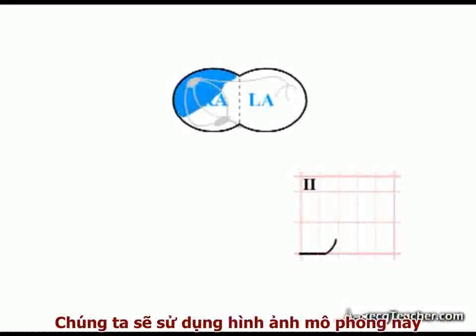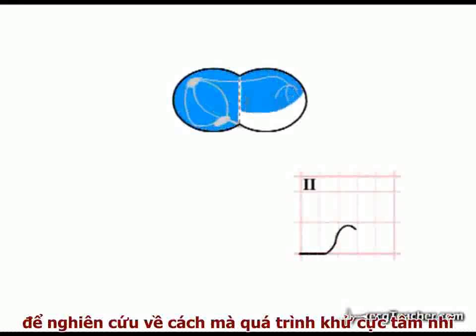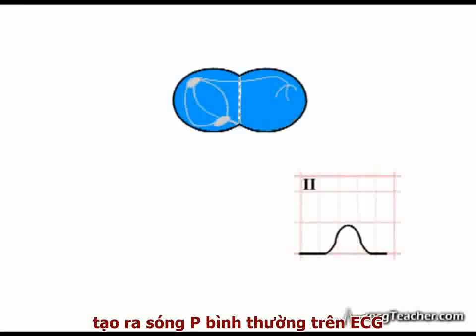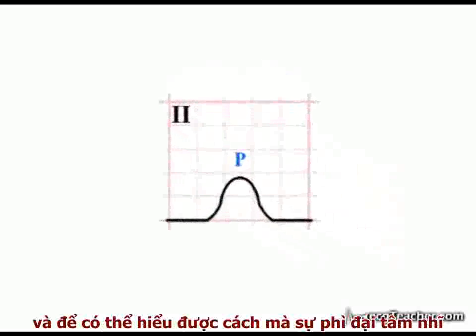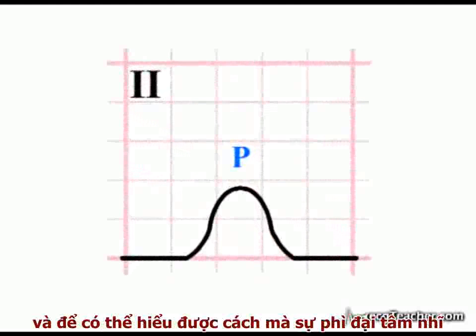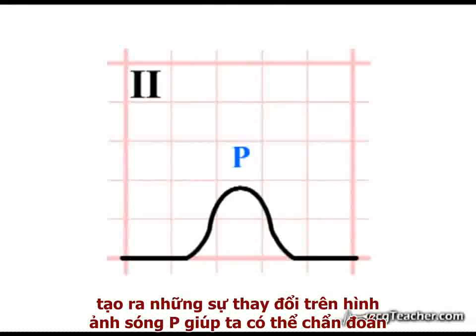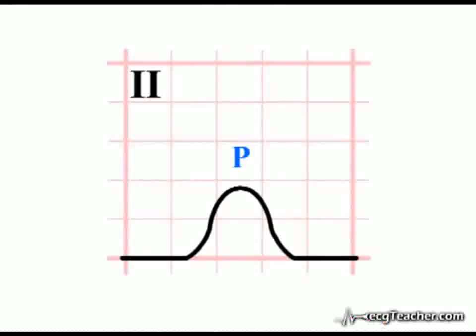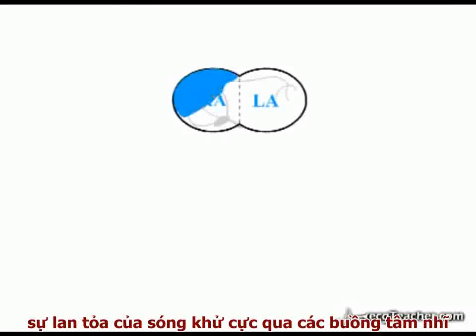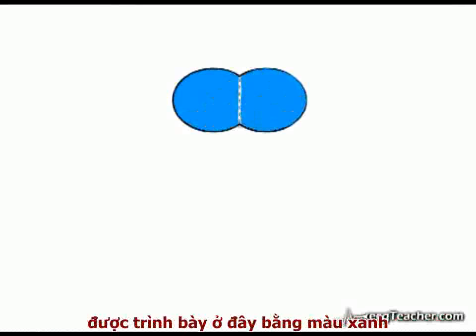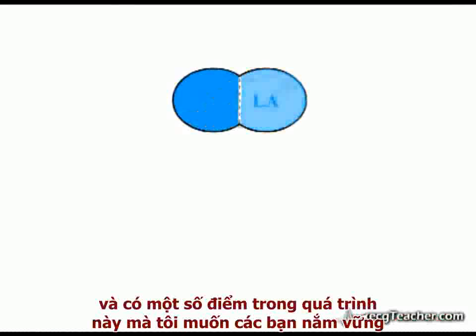We will use this schematic to study the manner in which atrial depolarization produces the normal P wave on the ECG, and to understand how enlargement of the atrial chambers produces diagnostic changes in P wave morphology.